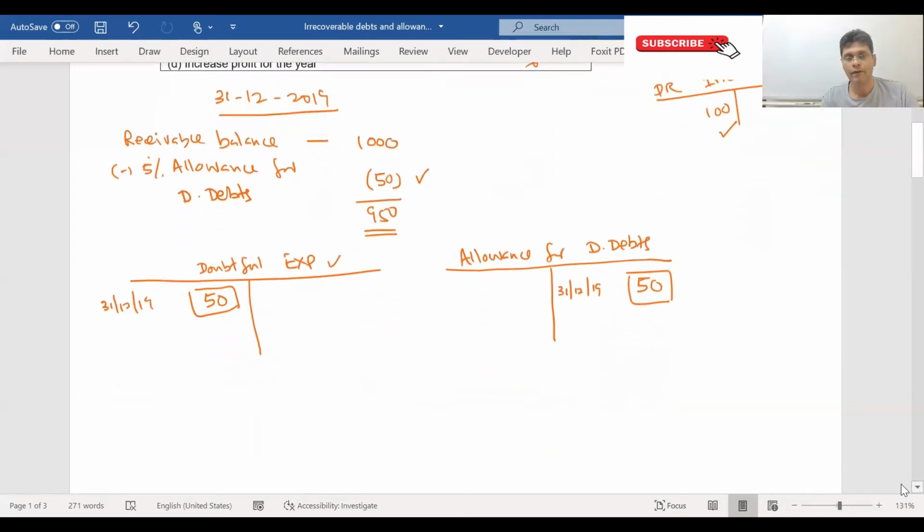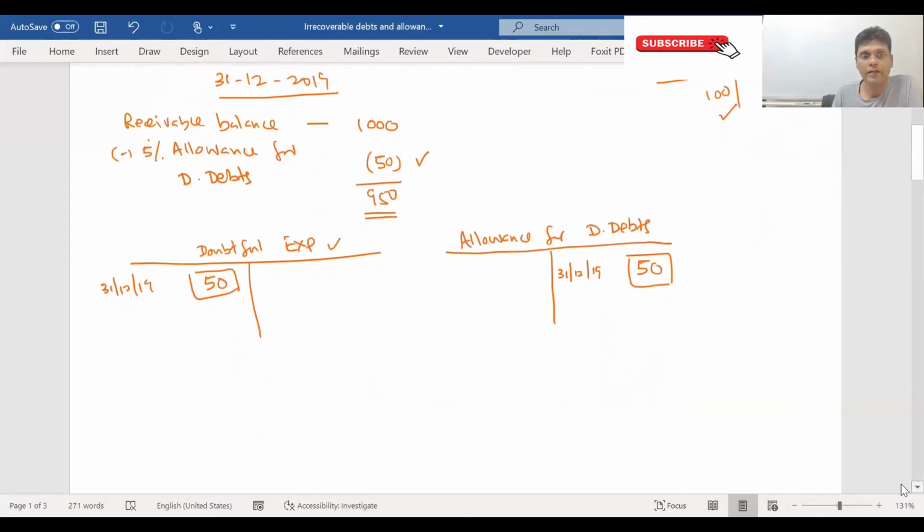Now at the end of the year, the doubtful expenses will be transferred to the profit and loss account to calculate the profit. So that 50 will be transferred to the profit and loss account. However, the balance on allowance for doubtful debts will be carried forward to the next financial period.